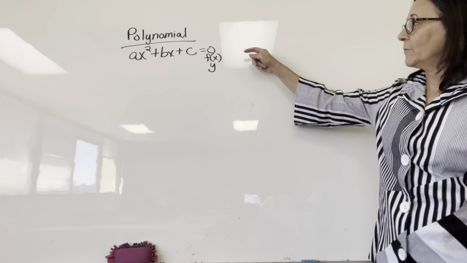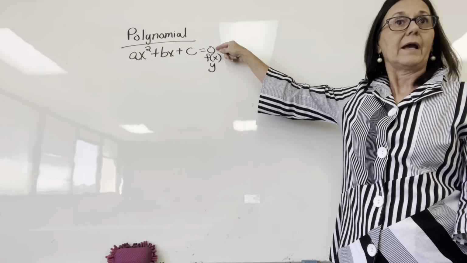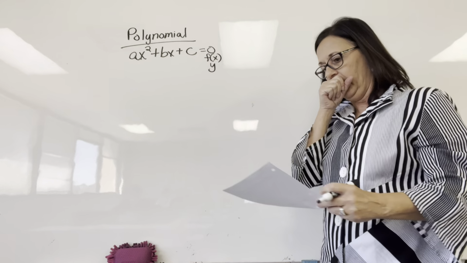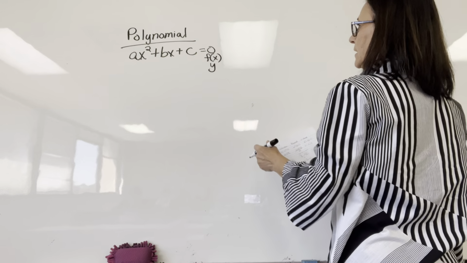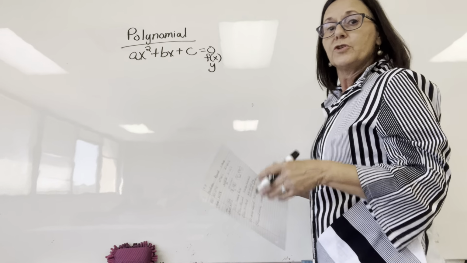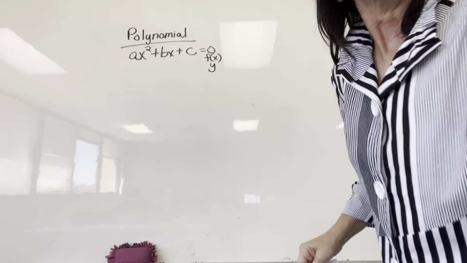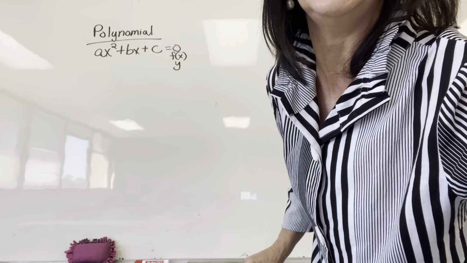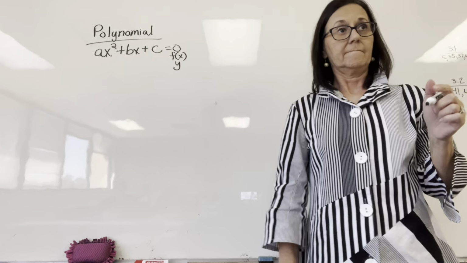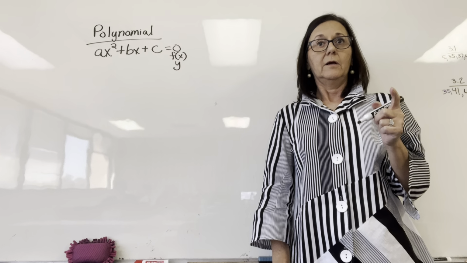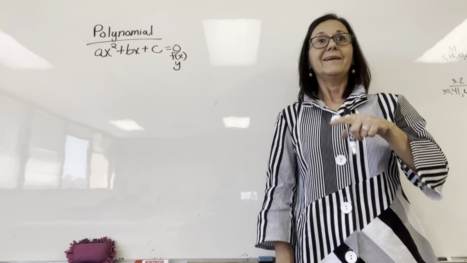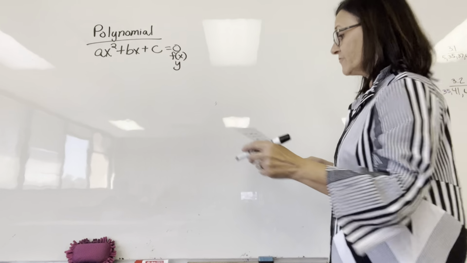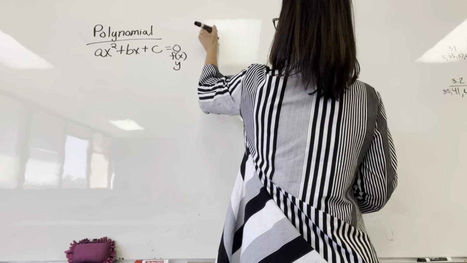Literally, when we're solving them, we're substituting 0 in for y. That's the polynomial, right? To graph them last year, what did we do with the polynomial form? Do you remember? We completed the square to get it to what's called the transformation form.